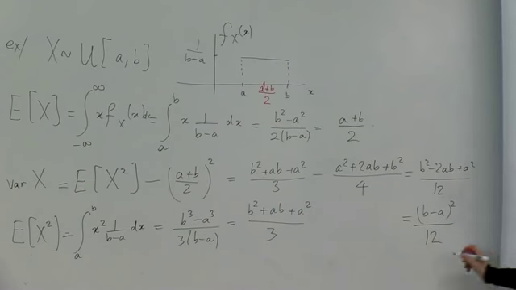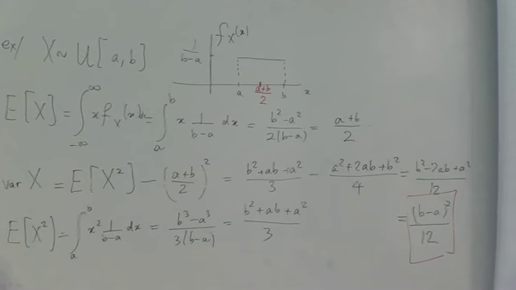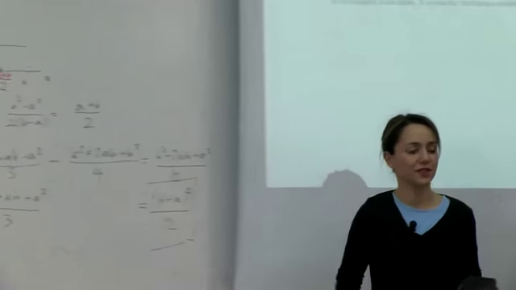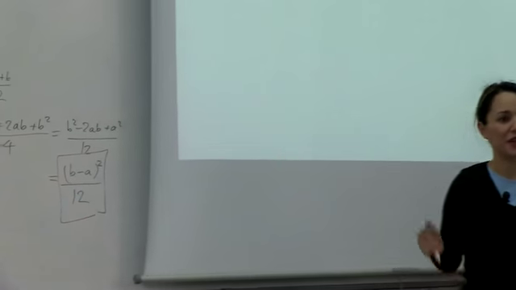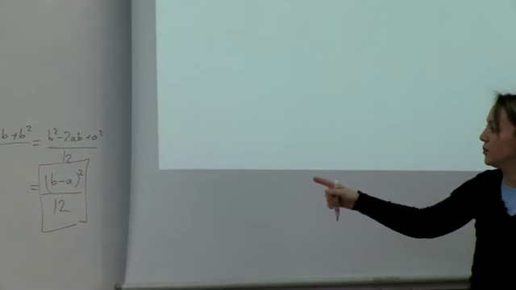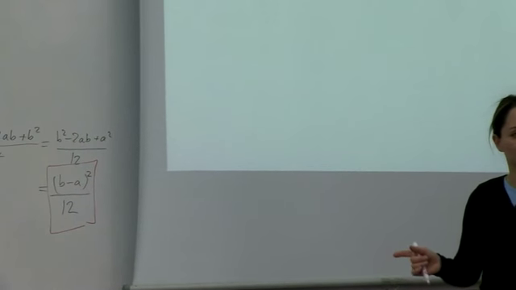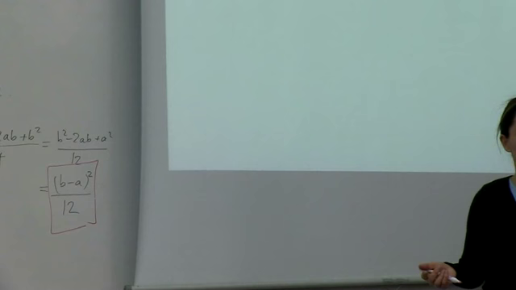So, does it make sense according to our intuition? Yes. It is a function of the difference of b and a. And it also makes sense that it's the square of the difference, not the difference itself, because think about it. When you take the square root of the variance, what do you find?